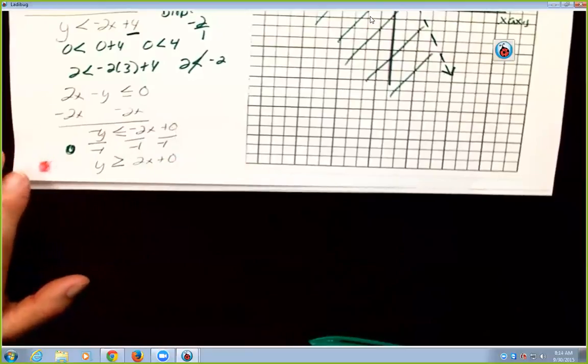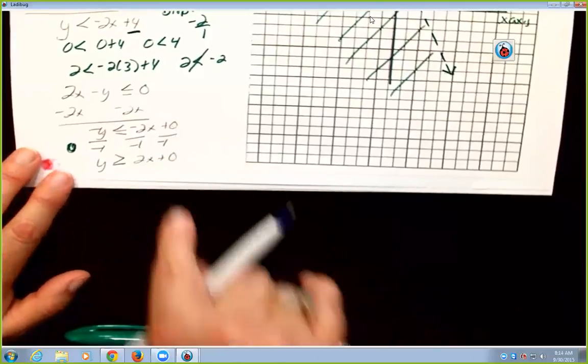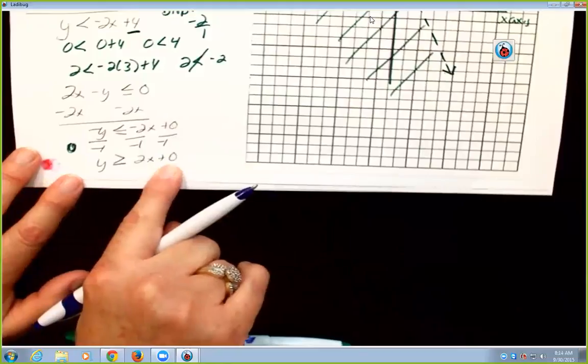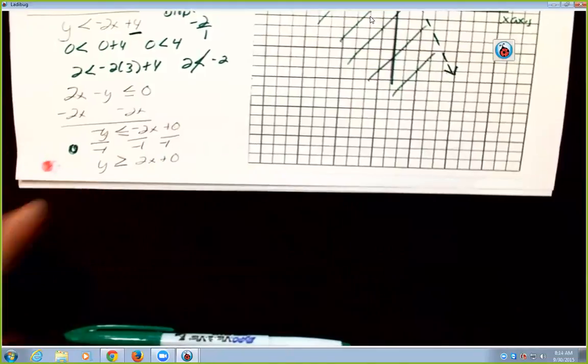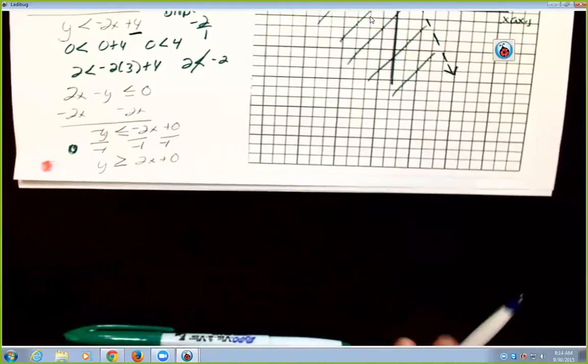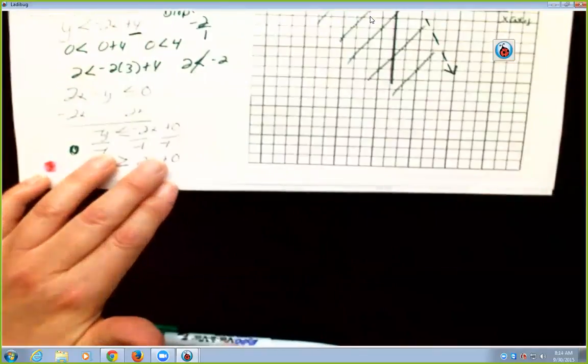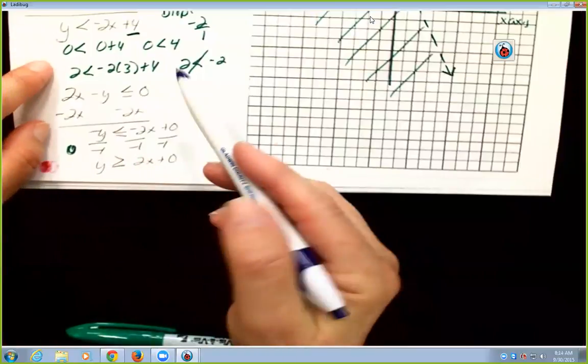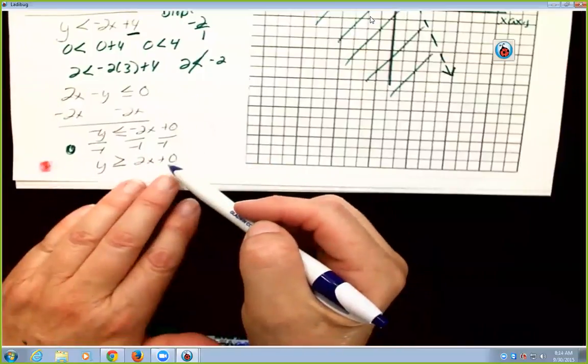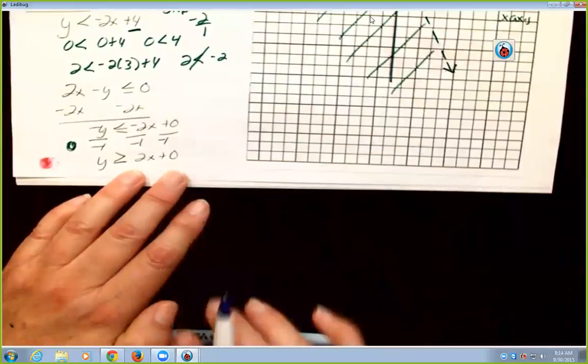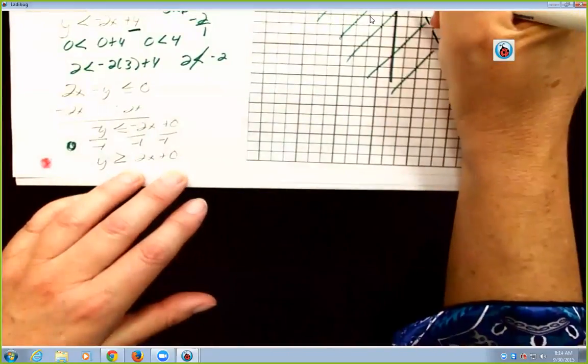So what does that tell me about this graph? Well, it tells me my intercept is 0. Too bad my red pen doesn't want to work. My intercept is 0. Then my slope is up 2.